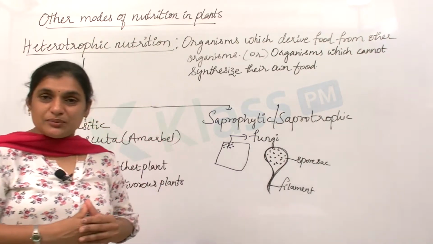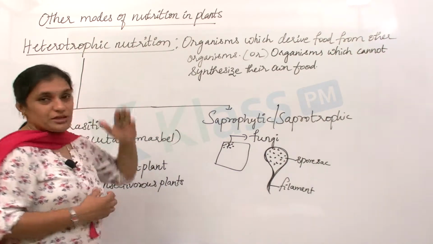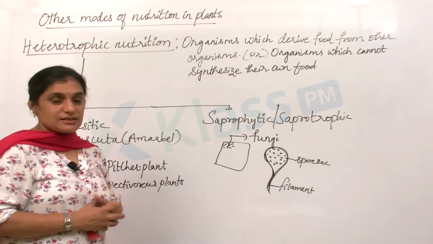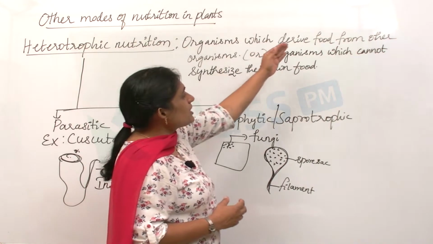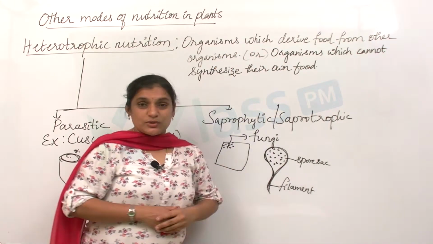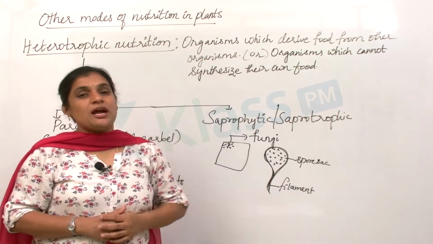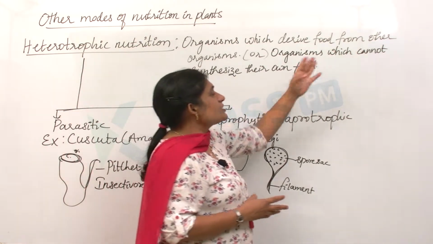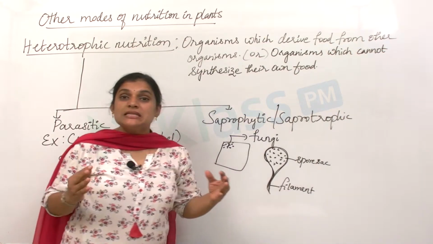So before we start with that, let us see what is heterotrophic nutrition. Let us recall the definition we have learned in the previous class. Organisms which derive food from other organisms possess heterotrophic nutrition, and the organism is said to be a heterotroph. Or you can also define it as organisms which cannot synthesize their own food.